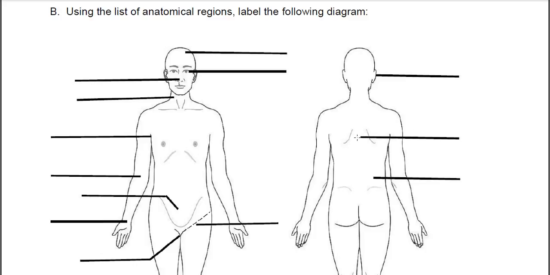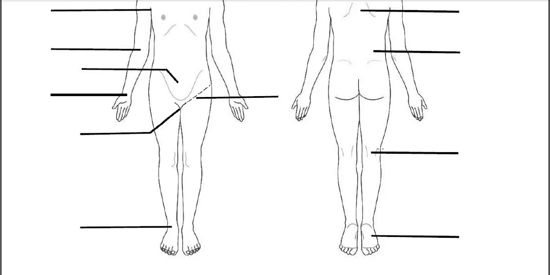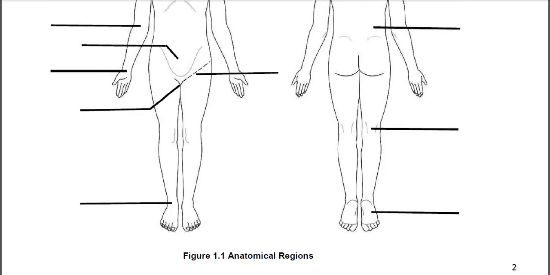But this line is the vertebral region. The lower back here is the lumbar region. Think about lumbar support in a chair. The back of the knee, or the knee pit, is technically called the popliteal region. In the bottom of the foot is the plantar region. Think of plantar fasciitis or plantar warts.